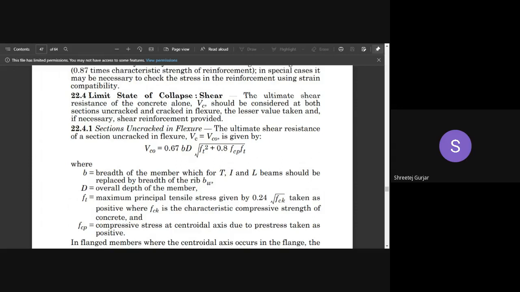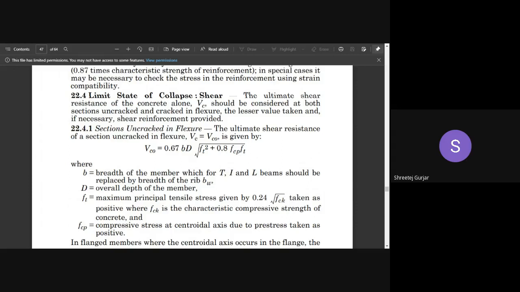When your concrete is uncracked, meaning the concrete is handling the tensile stresses, it is still able to resist those tensile stresses. So our concrete is holding in and it is not cracked. That is the first case.